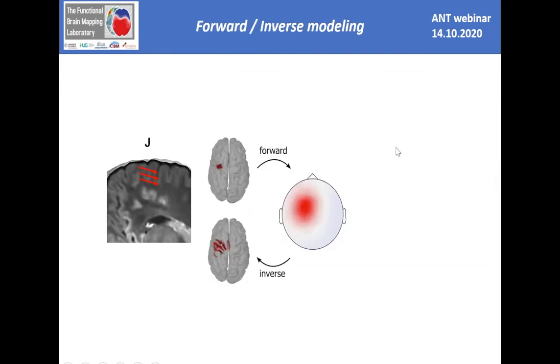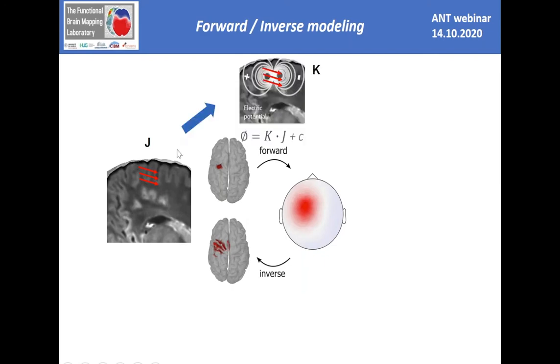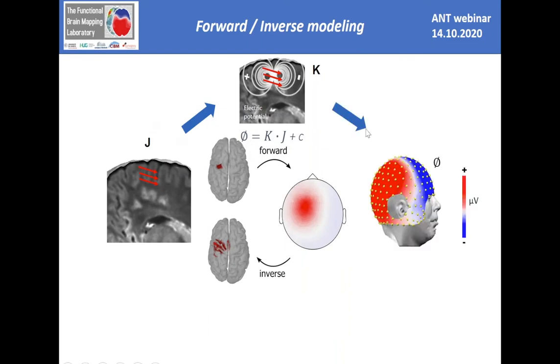So assuming this is all in place, having this model, we can compute, given a specific source configuration, a specific scalp configuration, right? So this is very well defined. Based on physics and knowing how the electrical field spreads, this has been described for about 100 years. We can make this model. So this is more or less the easy part.